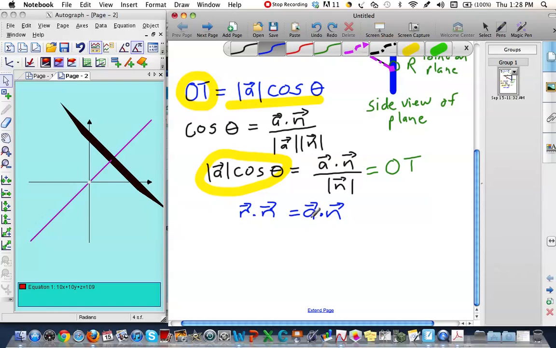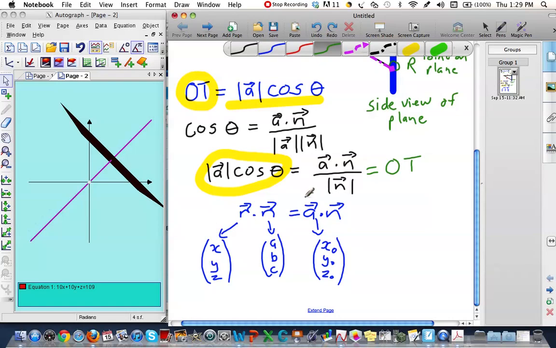A, of course, represents a position vector or a point on the plane. N is the normal, and r is our general point in the plane x, y, and z. And again, in general terms, the normal is represented with the components a, b, and c. In general terms, our position vector is represented as xo, yo, and zo.